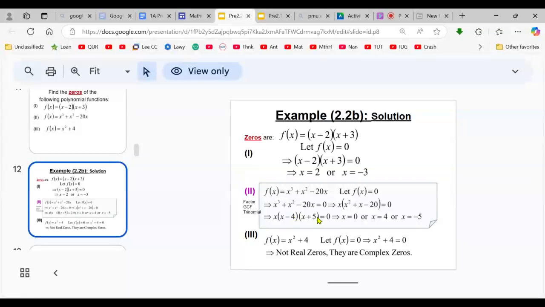If you understand the second example, raise your hand. Because x equals 0. x minus 4 equals 0, so x equals how much? 4. x plus 5 equals 0, so x equals what? Minus 5. If you do not understand the second example, raise your hand.